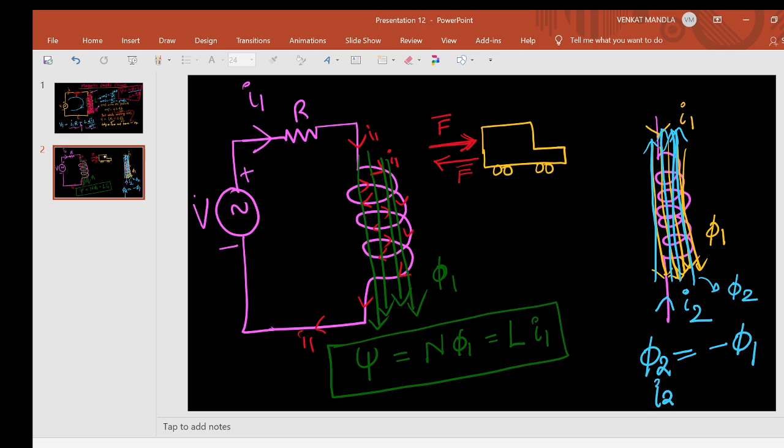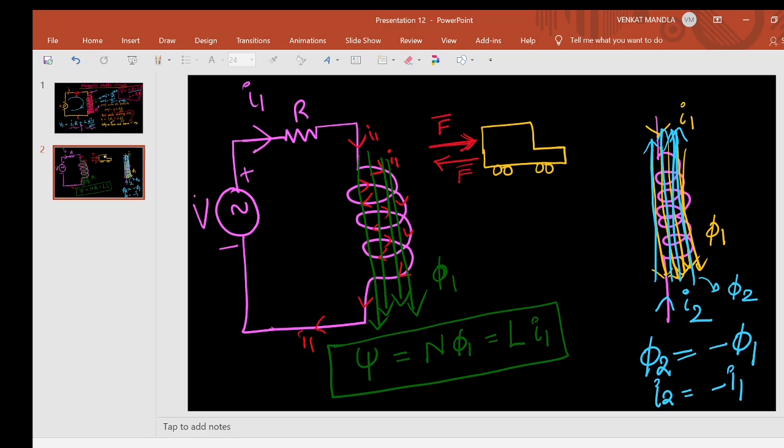So I2 equals minus I1. This is the property, this is by nature. So this inductor is always trying to oppose it. In order to oppose this I1 current, it will produce I2 current opposite to that I1 current inside it, exactly equal in magnitude but opposite in direction.